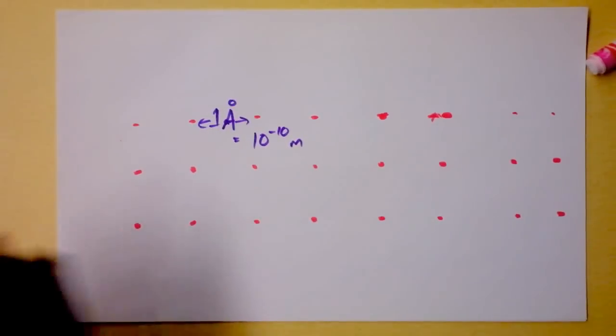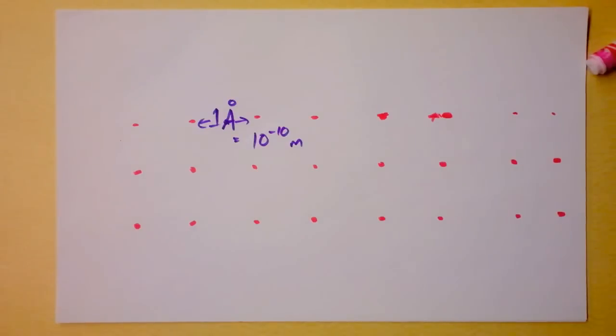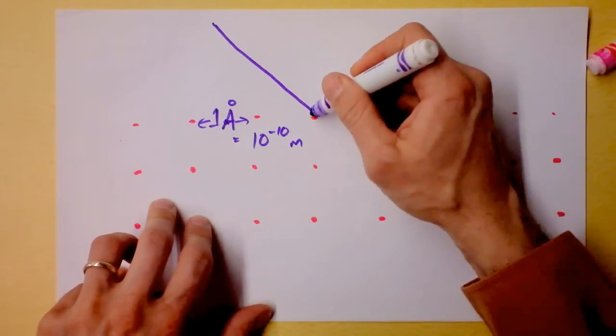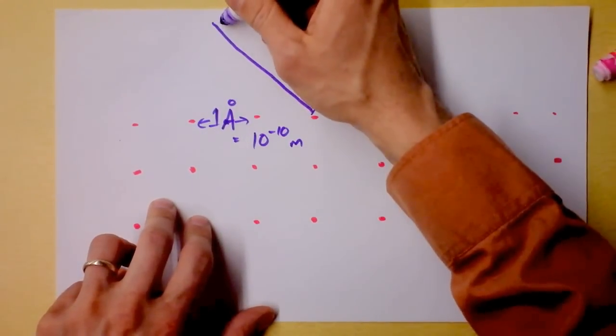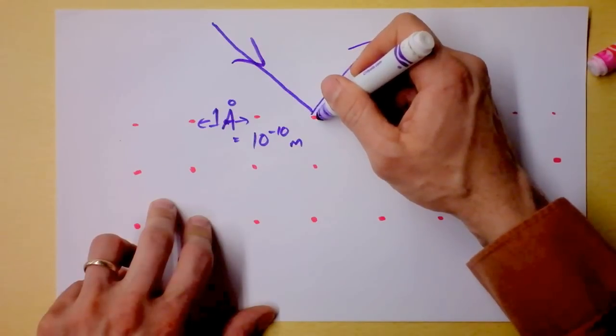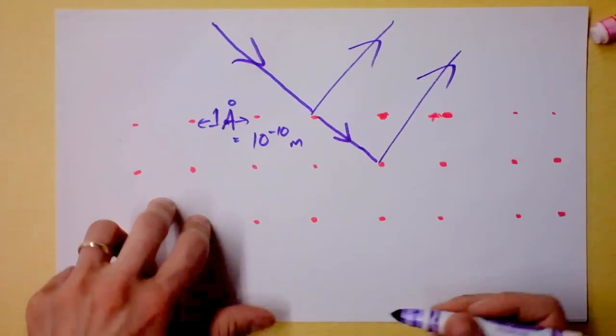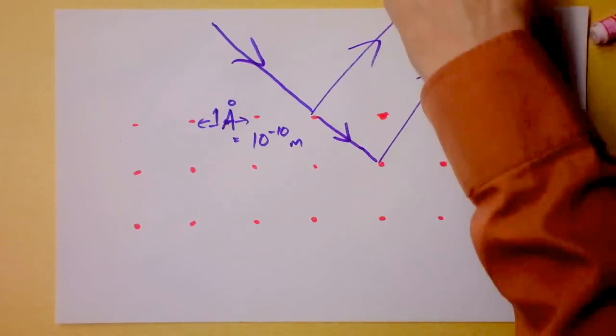There are a lot of cool things about crystals, but one of them is that if you have light coming in to the crystal, some of it will reflect off and more of it will continue on and might reflect off right here. And therefore these would have a different path length, right?